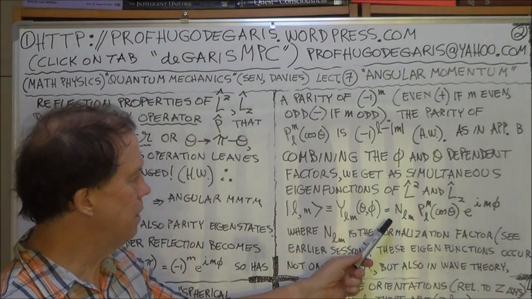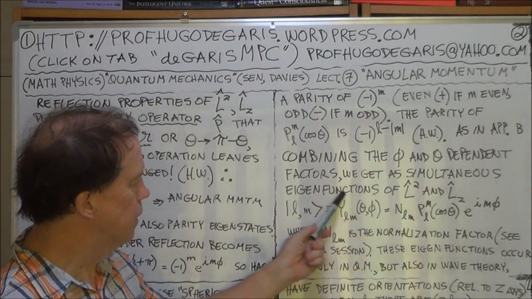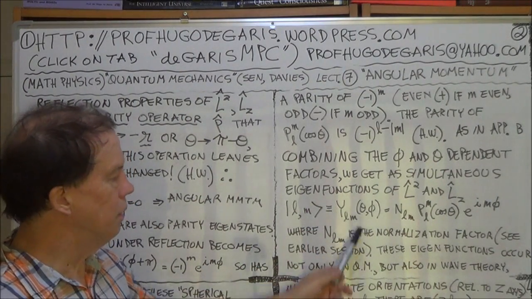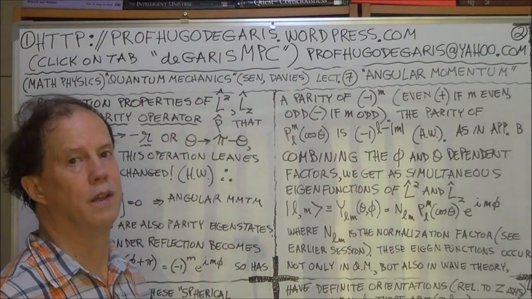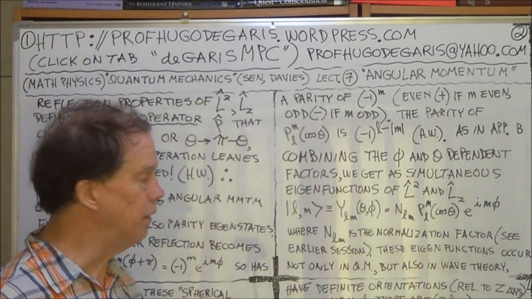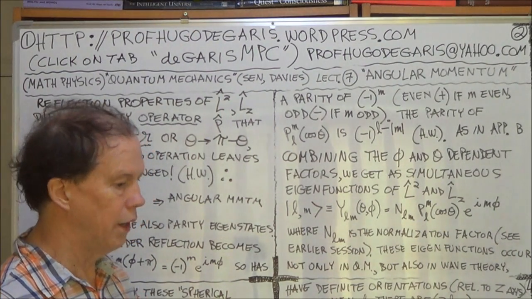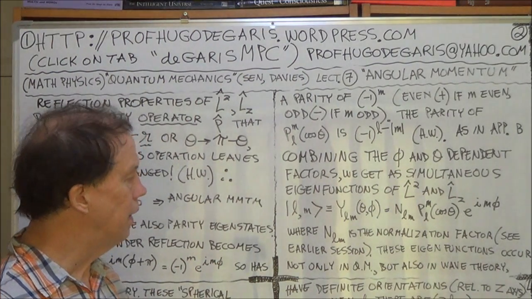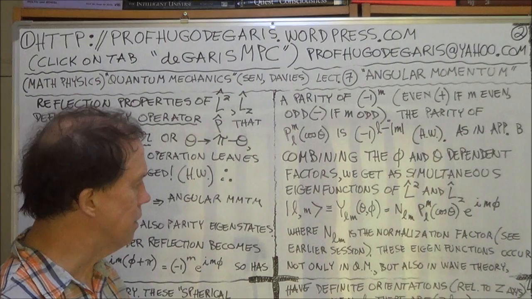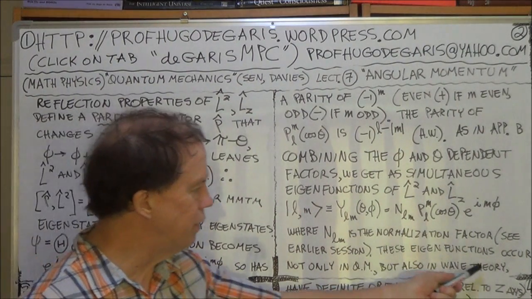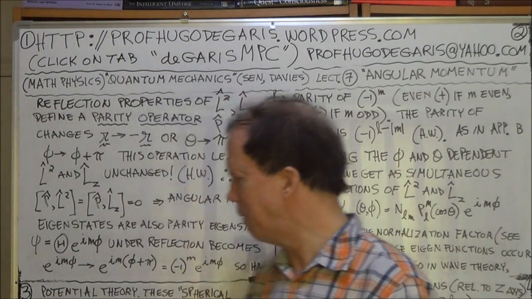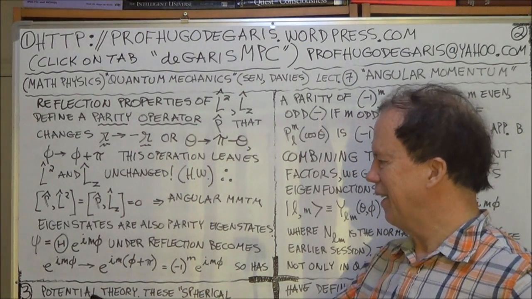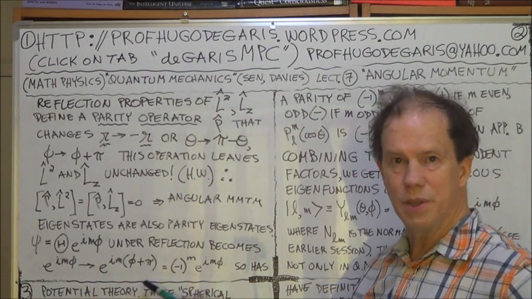Now, just a note about these spherical harmonics: they are not unique to quantum mechanics, the angular momentum component of quantum mechanics. They pop up in all kinds of other places, for example wave theory, and potential theory.